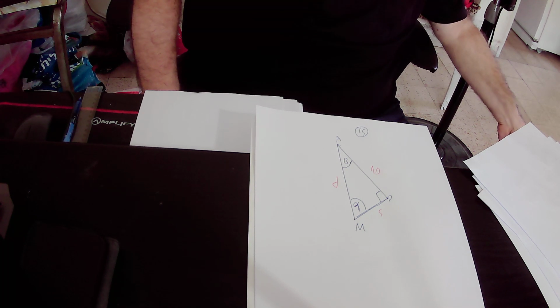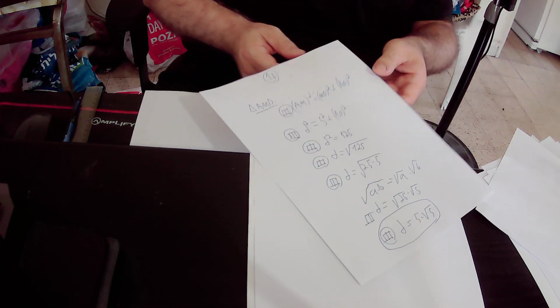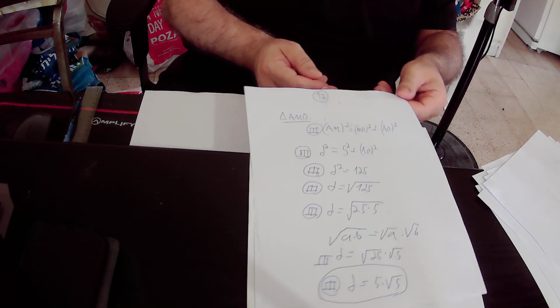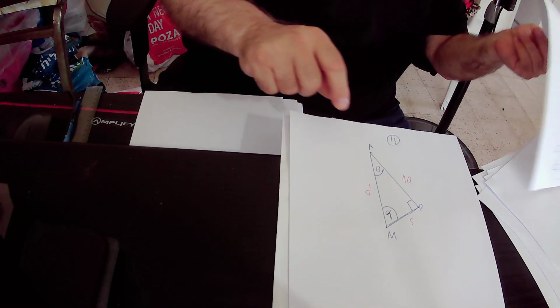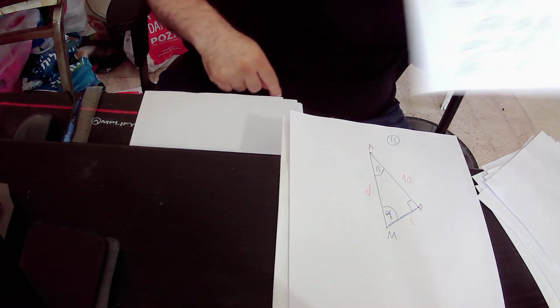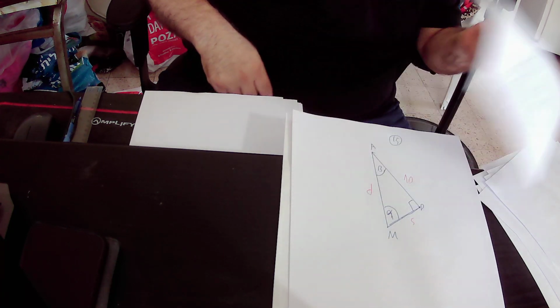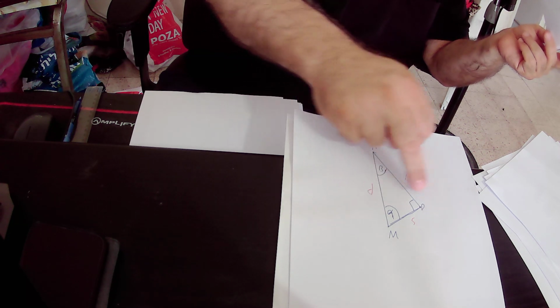So according to the Pythagorean theorem, AM square equals MD square plus AD square. But we know that AM equals D, AD equals 10, and MD equals 5.